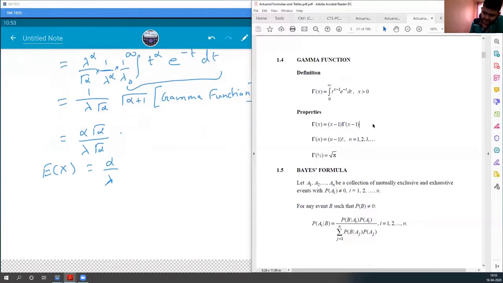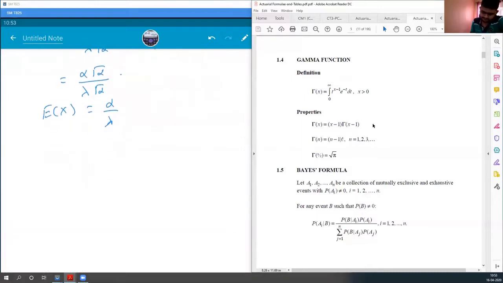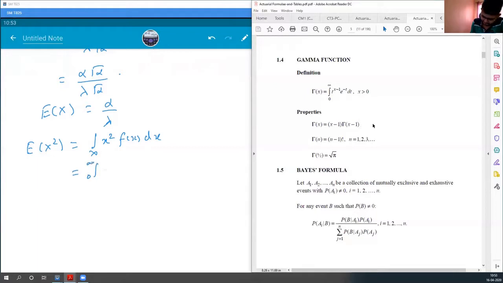We'll do the same for expected value of x square. We'll have integration for all values of x square into f of x dx. x square multiplied, so finally we'll get x raised to alpha plus 1.